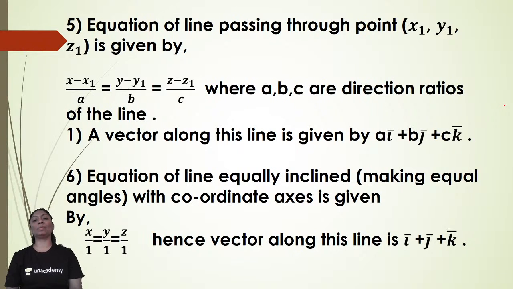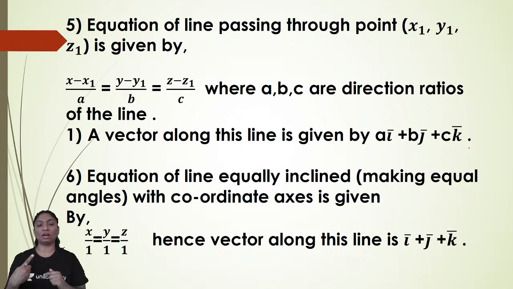So now see, the sixth point is when the equation of a line equally inclined, making equal angles with the coordinate axes, is given. It means if the equation of an equally inclined line is given, then your vector a bar you can directly write as a bar is equal to i bar plus j bar plus k bar. Okay. Now if you observe here, there are 6 different types of directional derivatives.